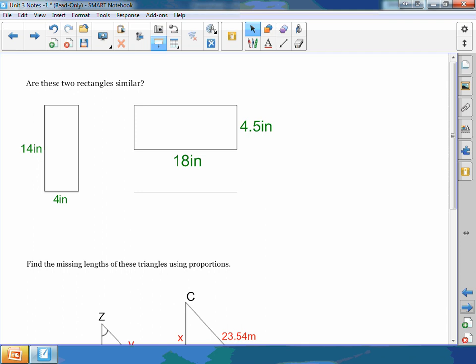But all I ask is, are they similar? Okay? So it doesn't matter how you twist them or turn them or flip them or whatever. They're all 90 degrees. You need to pay attention to the side lengths and find your corresponding side lengths and see if those work. So do your test for me. What do you think?